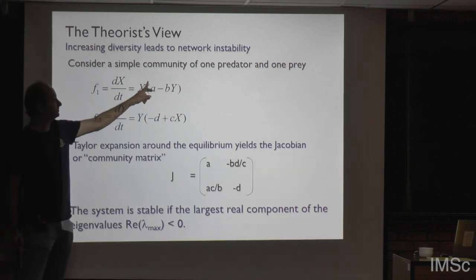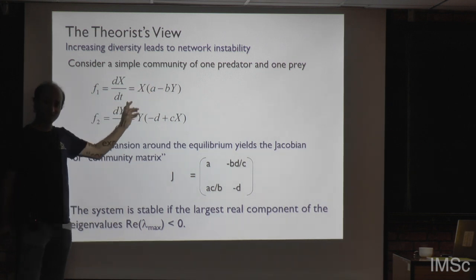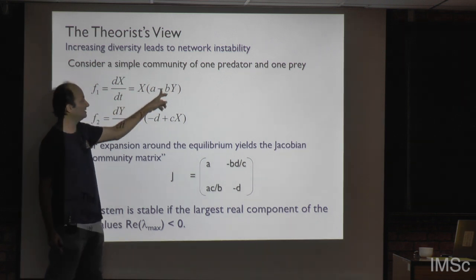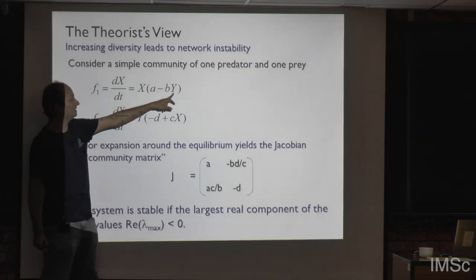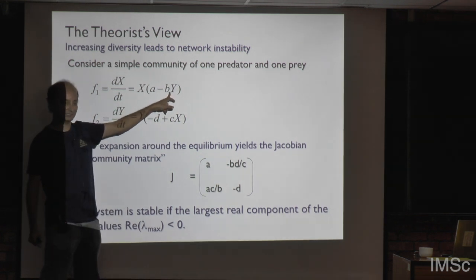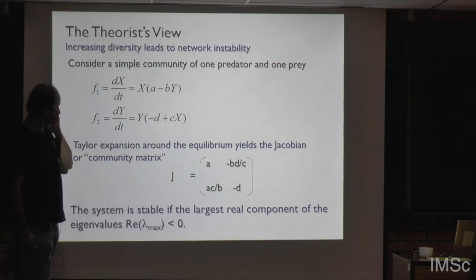So you have a term which stands for the growth of the population of grass, and then this term says that the bigger the sheep population, the more the population of grass reduces. So this is the growth part, and this is the decay because of predation.